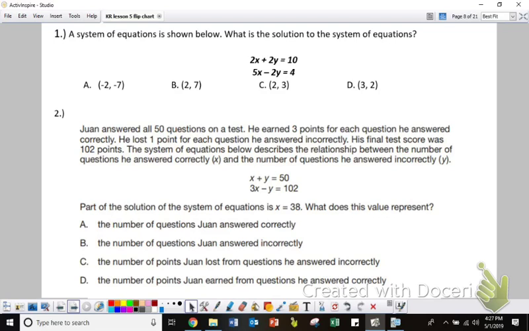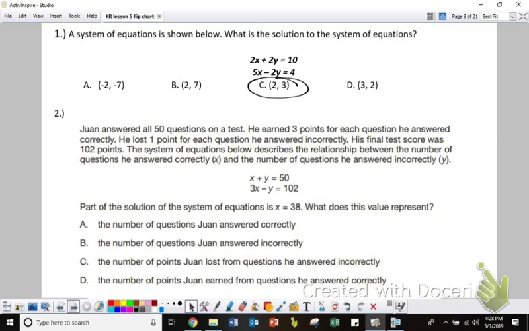Go ahead and pause the video right now and give yourself a minute or two, see if you can get the correct answer. Okay. Hopefully you actually tried it instead of just continuing to watch the video. But you should have ended up with C.